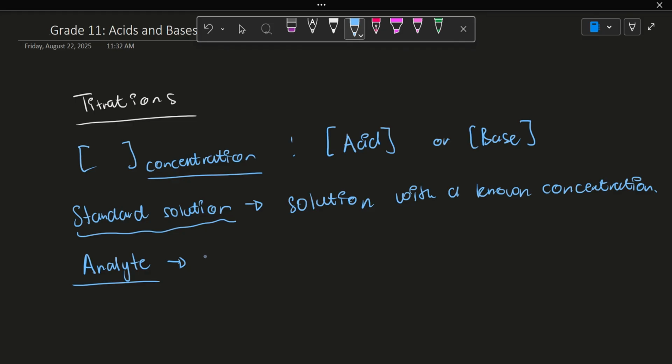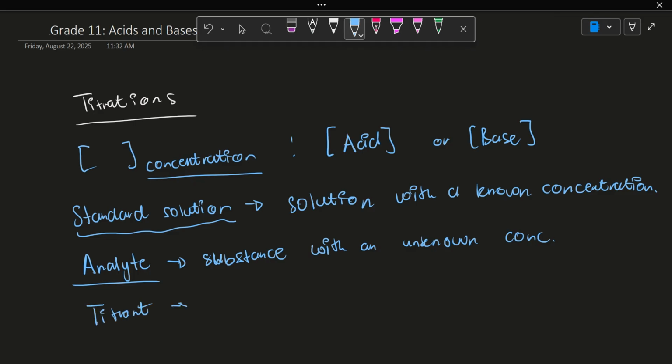So we try to determine the concentration of the analyte by using a titrant.